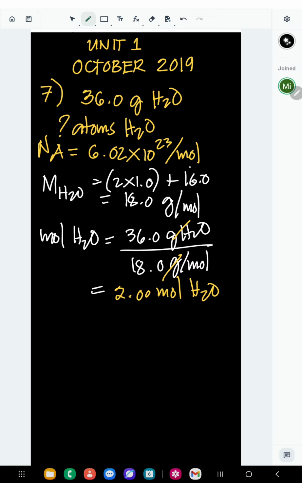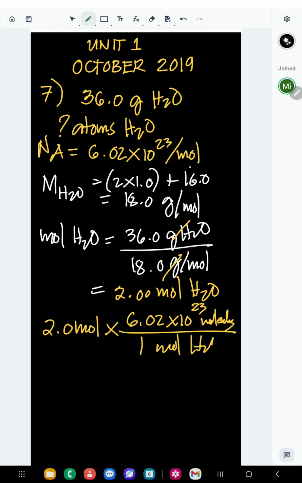We need to convert from moles to molecules. So we convert moles of water to molecules of water, and then we convert that to atoms. So that is 2.0 moles of water times 6.02 times 10 to the 23rd molecules per 1 mole of water. So this is just 1.204 times 10 to the 24th molecules of water.